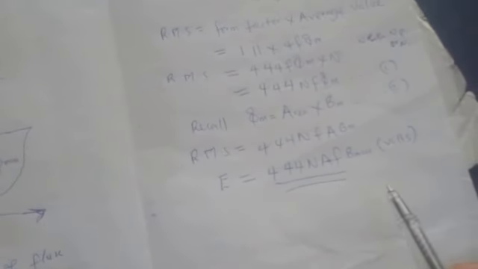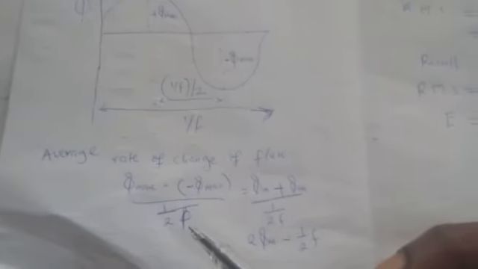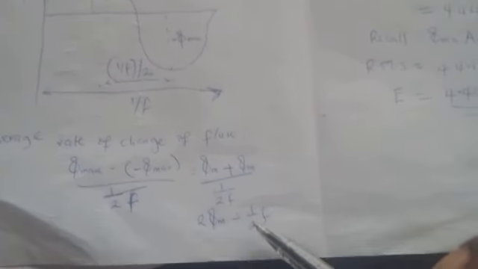So we have been able to show that the root mean square value of EMF induced in the winding of a transformer is this. Again, don't forget, all you need to do is remember to draw your wave diagram of flux so you can determine the average rate of change of flux.